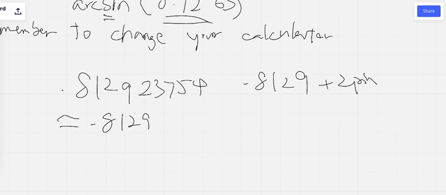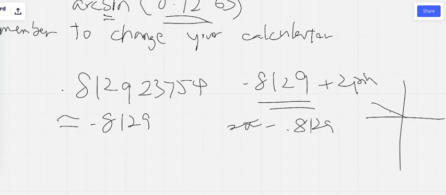And in this question, there's actually another answer, because on a sine graph it will be positive in 2 quadrants, which is quadrant 1 and 2. Therefore, 0.8129 is less than pi over 2, so which means you can do 2 pi minus this answer to get the angle in this area.